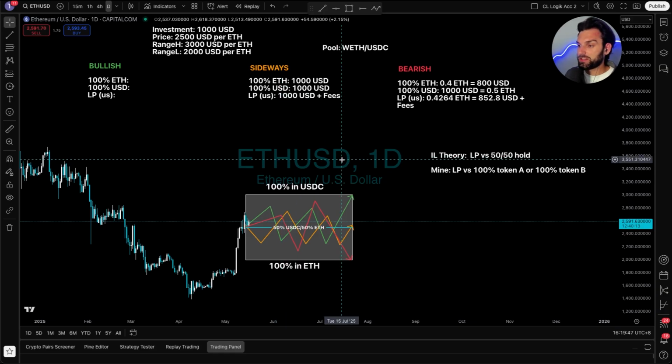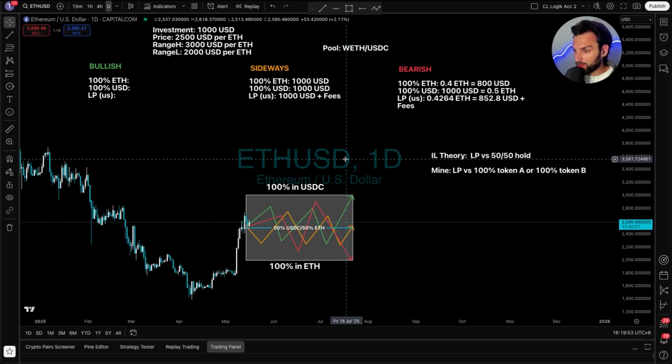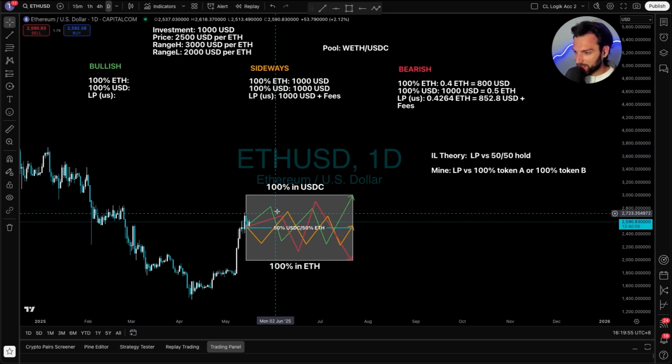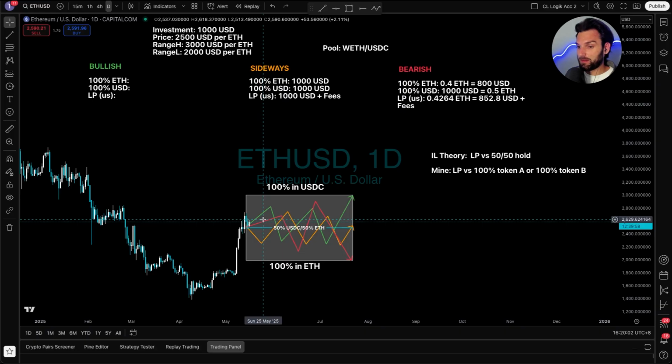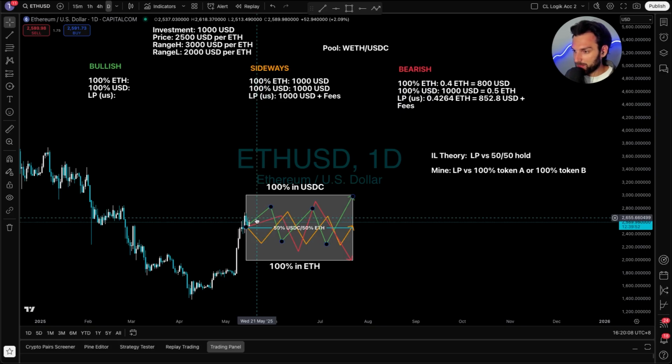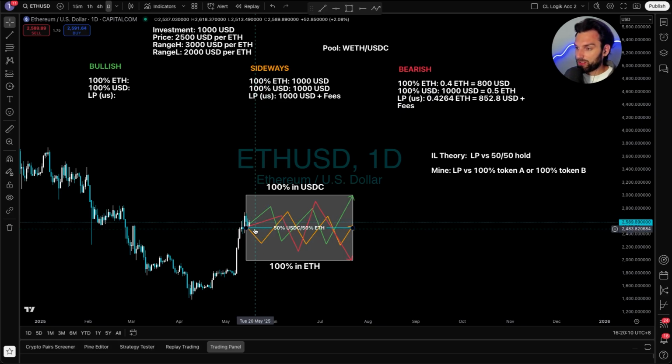I will not go very deeply into all of the math of impermanent loss, but we'll go over it. The first thing to note with the liquidity pool is that when price goes up, it will sell the asset that goes up in price for the asset that underperforms. It doesn't really have to go down in price, but that underperforms. So the outperforming asset gets sold for the underperforming asset.